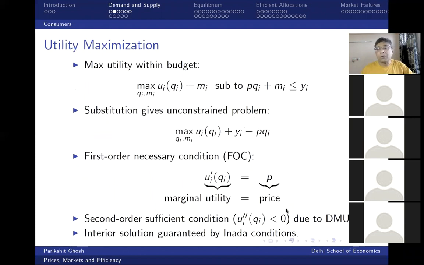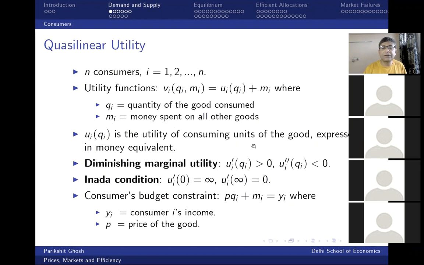Okay, now, having written down the basic circumstances in which our consumer is going to make a choice, now we have to take a stance on what the consumer is about to do. How does she make decisions?